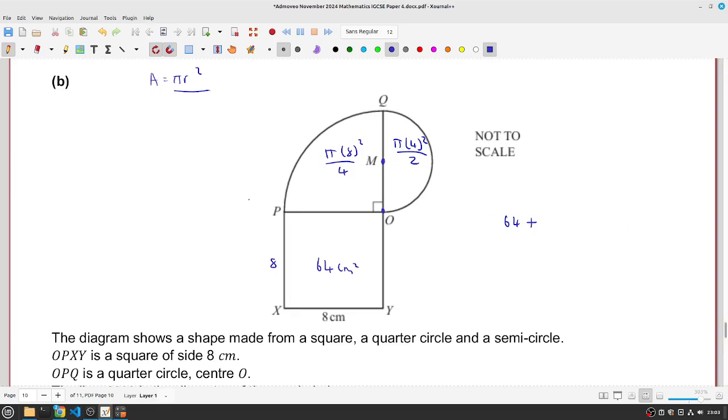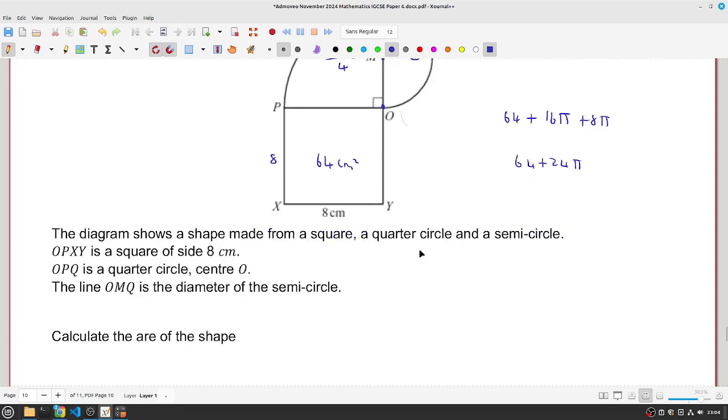So 16 pi. Okay, 16 pi. And then for this one, 4 squared is 16. 16 divided by 2 is 8. So plus 8 pi. Collect the like terms. So we've got 64 plus 24 pi.